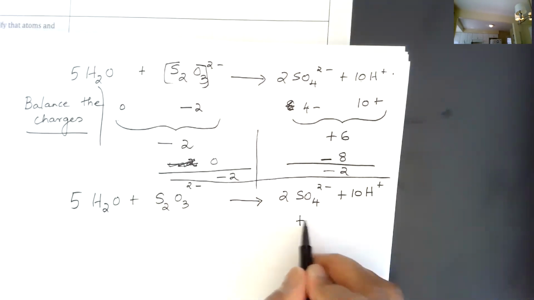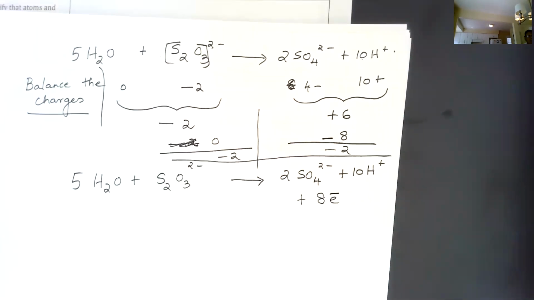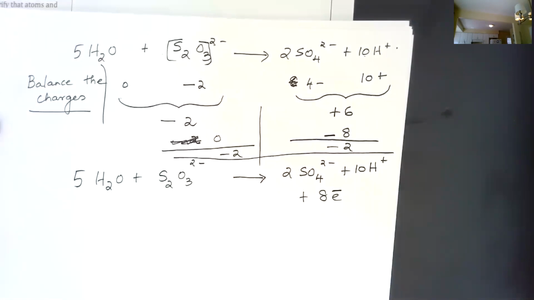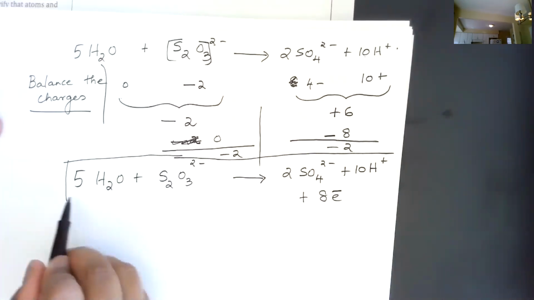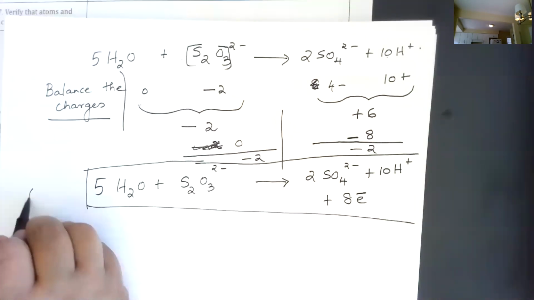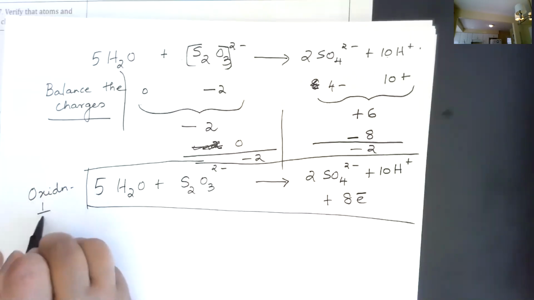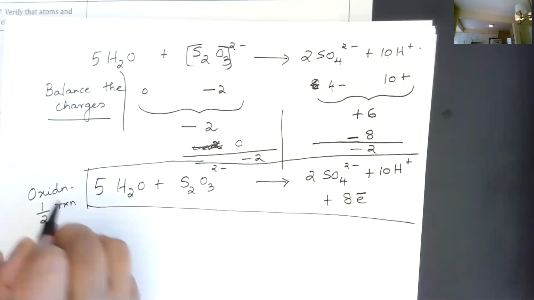So you add 8 electrons to the side. This is still a half reaction, but it's a completely balanced oxidation half reaction.